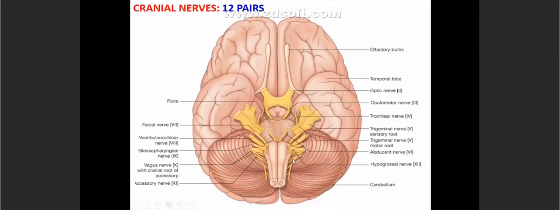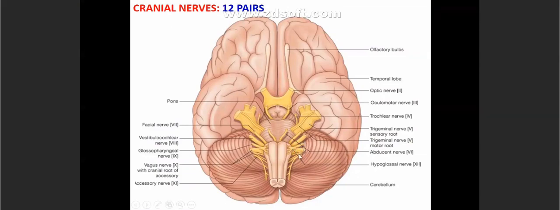This is, by the way, the inferior aspect of the brain, or you can take it as the ventral side of the brain. Let's go back again: 1, 2, 3, 4, 5, 6, 7, 8, 9, 10, 11, 12.